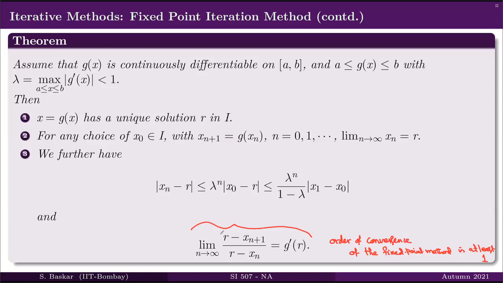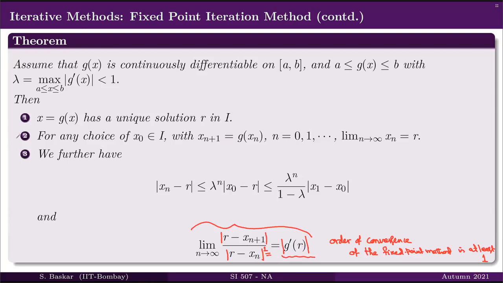Because now you can take modulus on both sides, and you can see that mod R minus x_{n+1} divided by mod R minus x_n to the power of 1 is equal to mod g dash of R. And as long as this is not equal to 0, you can conclude that the order of convergence of the fixed point iteration method is 1.